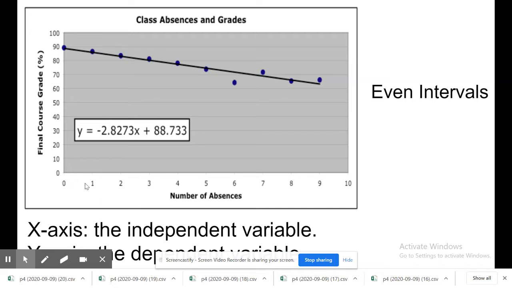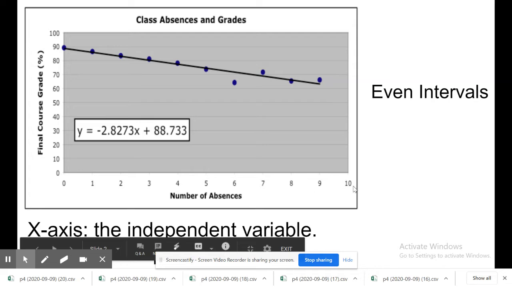Okay, and then the next thing is we need to label the x-axis and y-axis. When you label them, how do you figure out the numbers? It really depends on what we are drawing. For this graph, students' numbers of absences are from 0 to 9, so I have drawn this from 0 to 10, and then I separate the whole x-axis into 10 parts.